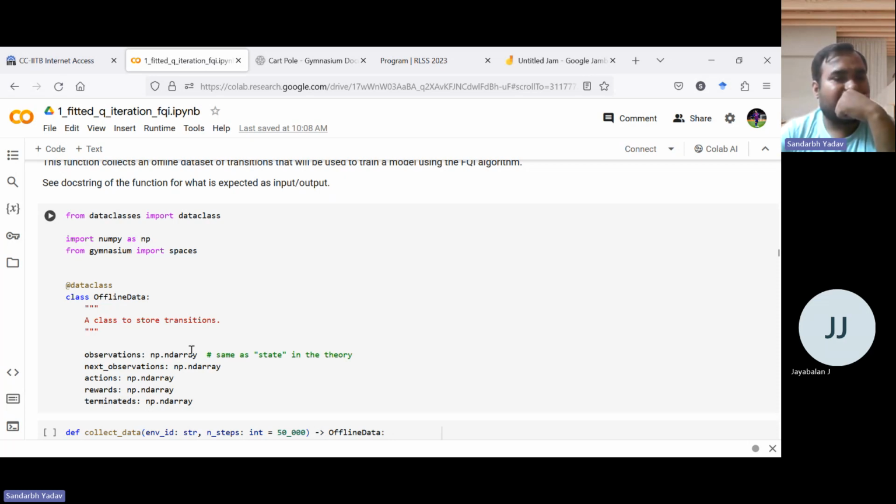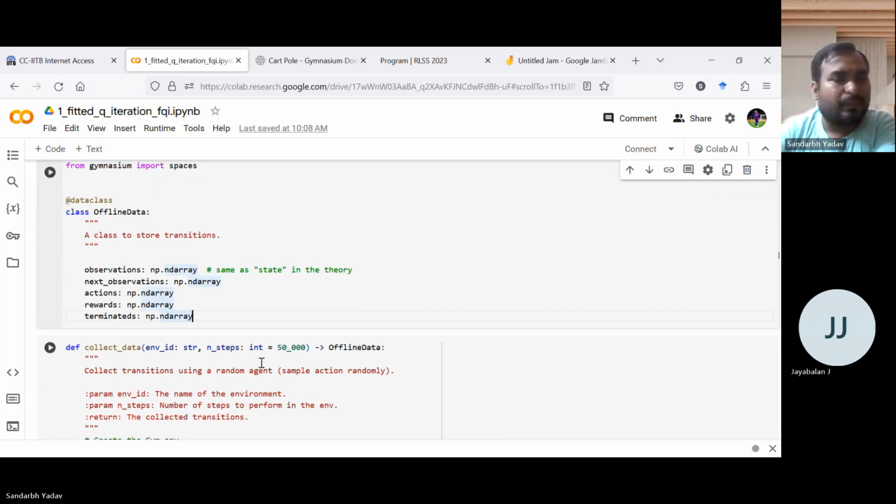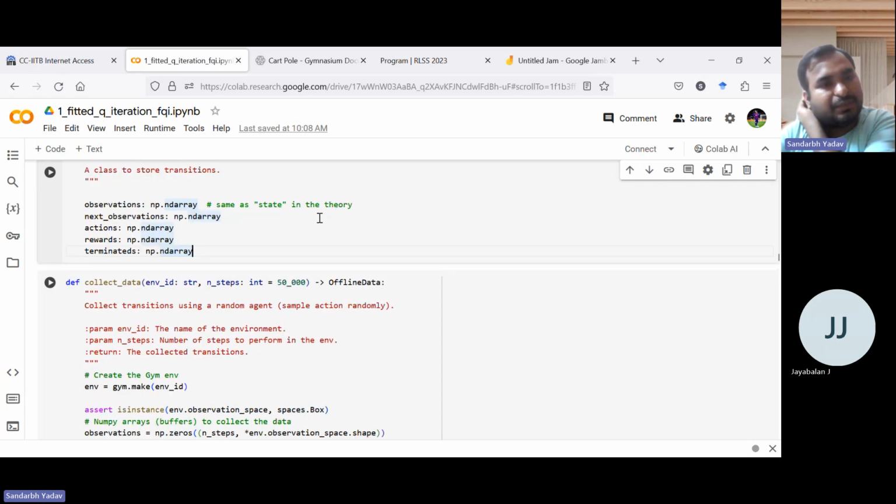So essentially it's S, A, R, S dash, and one additional array which mentions whether the episode terminated or not. So this is the function for collecting data. What it takes as input is the environment ID, so this will be the CartPole version one string we saw, and the number of steps, like how many data points you need. So 50,000 steps means that you will have 50,000 length arrays here.